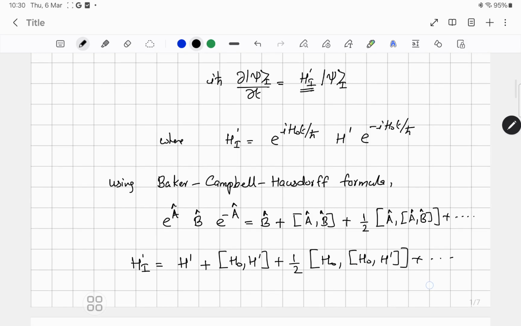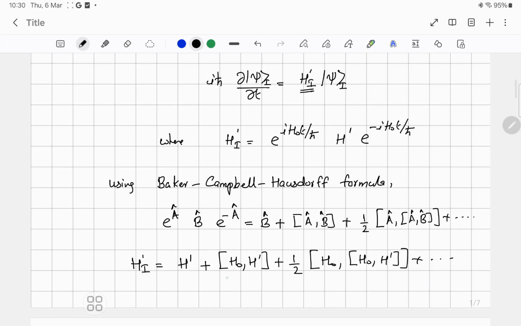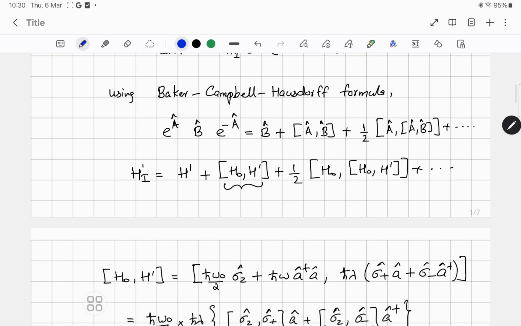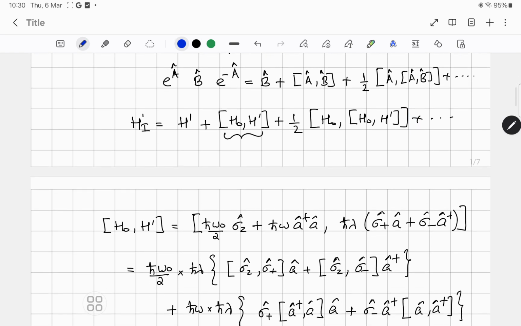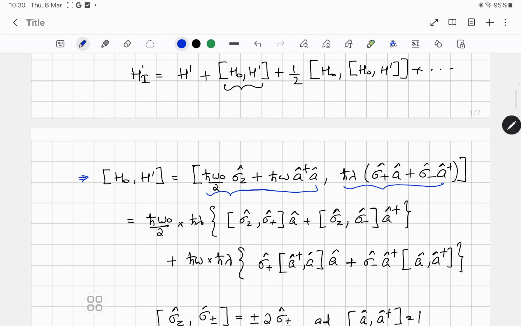Now in order to calculate this H′_I, it is required to calculate the commutator [H0,H′]. We already know the expressions for H0 and H′, so we can calculate this commutator. H0 is ħω0/2 σz + ħω a†a, and H′ is as given. Now we can find the commutator.